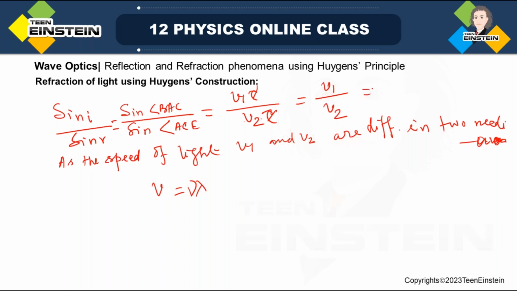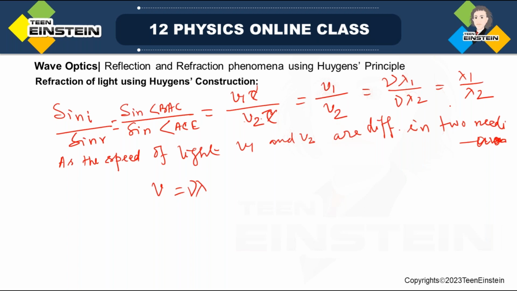So we can write here nu lambda 1, and from here ultimately we get lambda 1 by lambda 2.